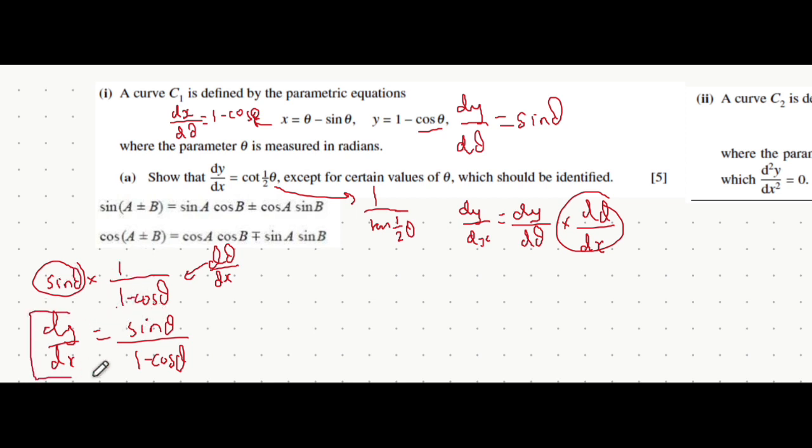Okay, we've come this far, but how do we now show that dy/dx, which is equal to all of this, is also equal to cot of half theta? Now this is where I'd advise students to think about what we're trying to get to, sort of play about with it a little bit. So expand it out, see what you want to get to, and then go backwards if that makes sense. For example, we know tan of a half theta is equal to sine of a half theta over cos of a half theta.